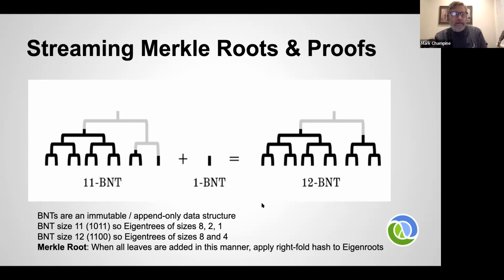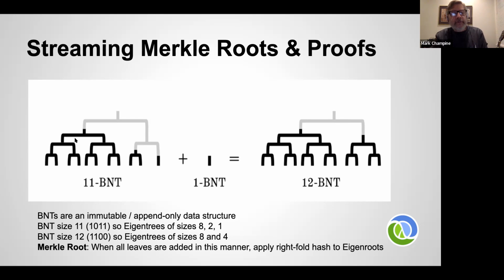So you basically build up your tree in this fashion, looking at the bit pattern, hashing them together, and then doing that repeatedly until you've consumed all the leaves in the stream.